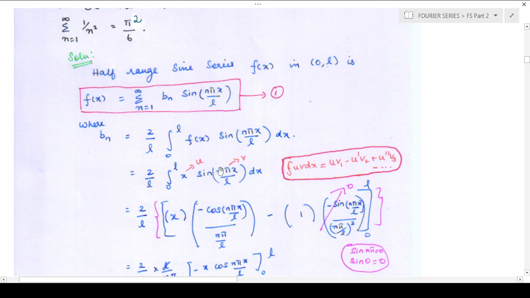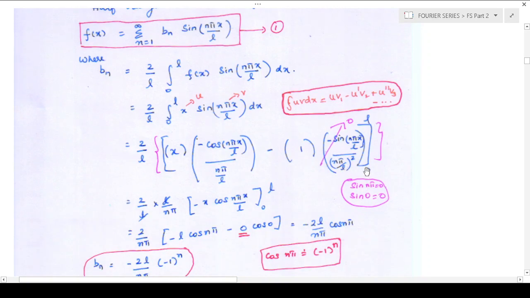Sin n pi x by L integration is minus cos n pi x by L divided by n pi by L. Now integrate this to put v2 here. Cos integration is sin n pi x by L divided by n pi by L. Already a minus 1 divided by n pi by L is there. It will be attached to it, so that it will become minus sin n pi x by L divided by n pi by L the whole square. Right?